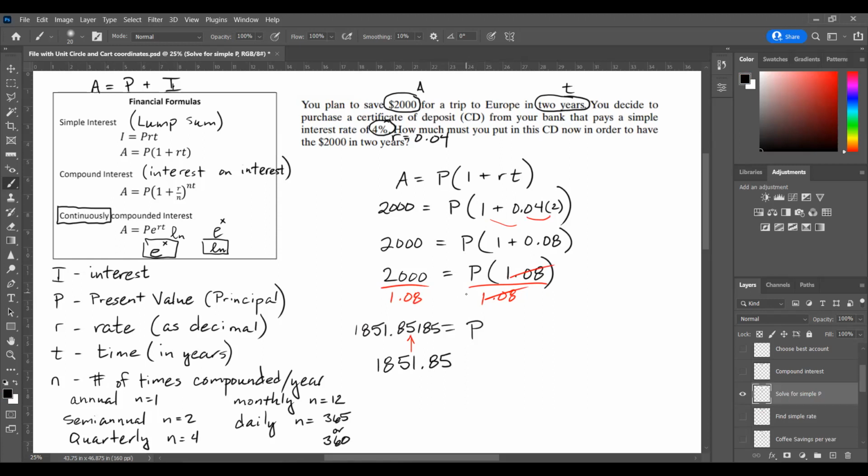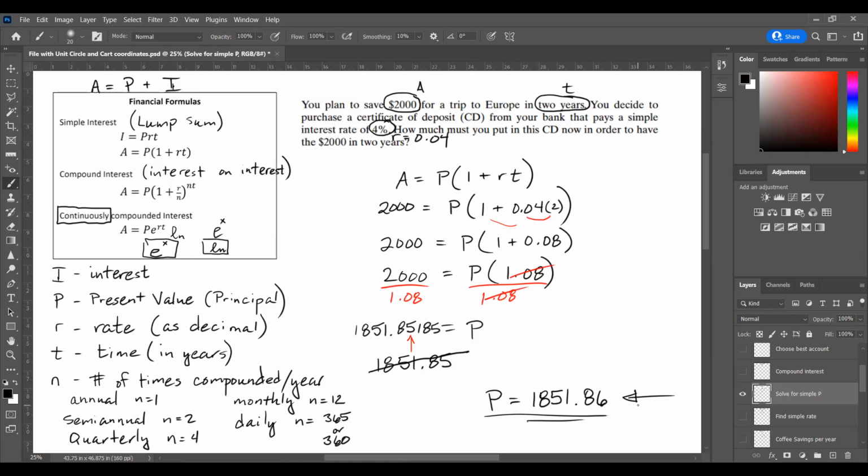And so in the problems, they will tell us to always round P up to the nearest cent. So rounding that up means I'm going to disregard the rules of rounding when I'm solving for P. And now I know I will have at least my goal, in this case of $2,000. If you follow the rules of rounding, you may not achieve your goal.